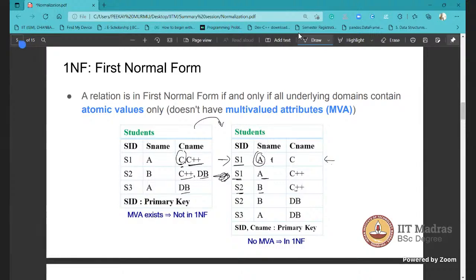So you cannot identify this uniquely, because if you want to delete, suppose you apply the where condition SID is S1 and S name is A, right? Then both these two tuples get deleted, but you want to delete only this one.